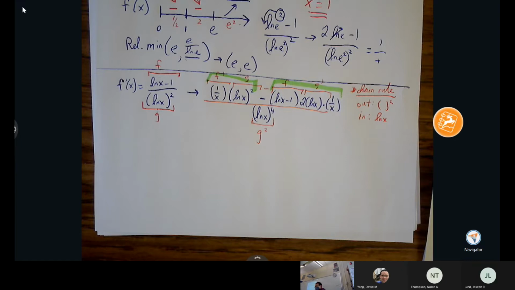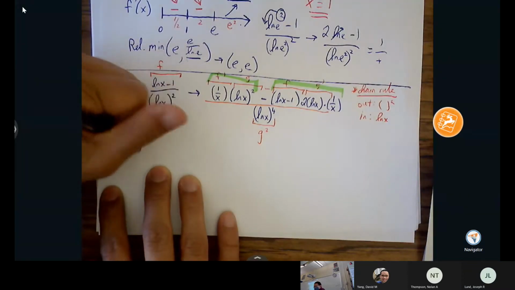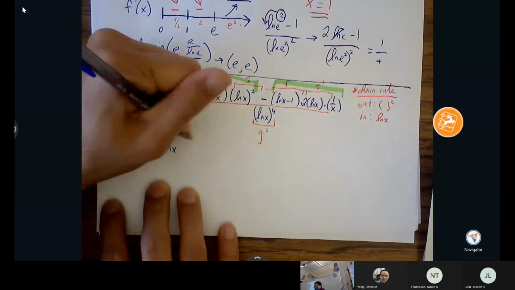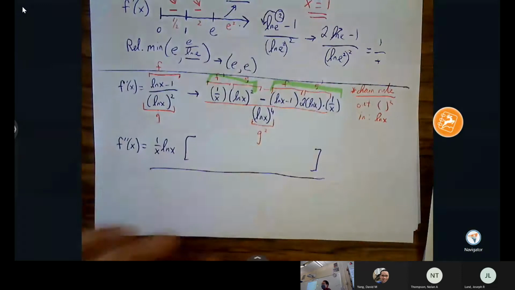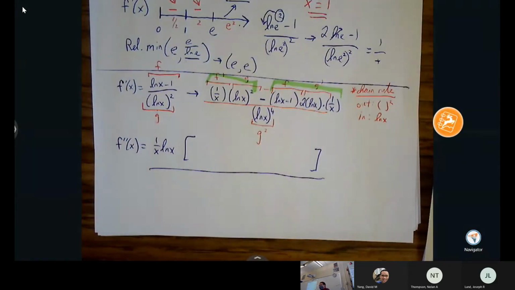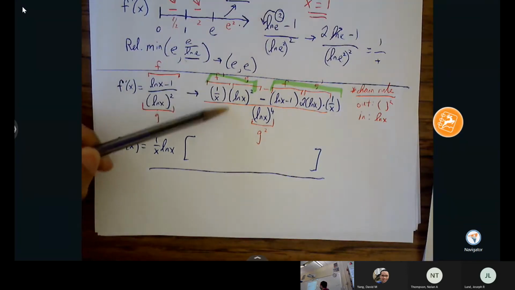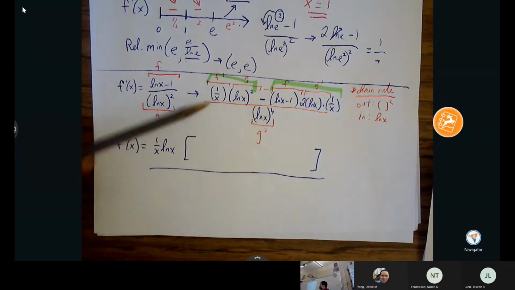Okay, what else? 1 over x. What if we take both of them out? Just like how we would do common factors, once we pull the common factor out, the leftovers remain inside, right? So if I take a 1 over x natural log of x out, what's left from here?